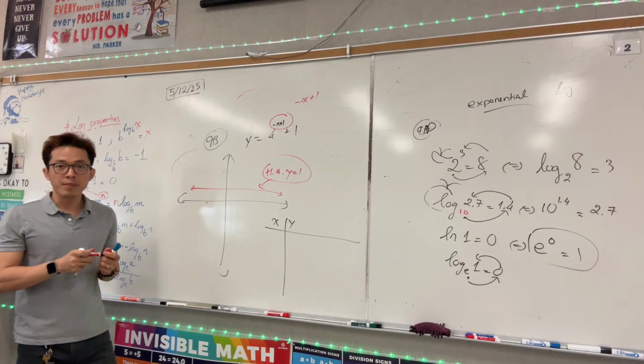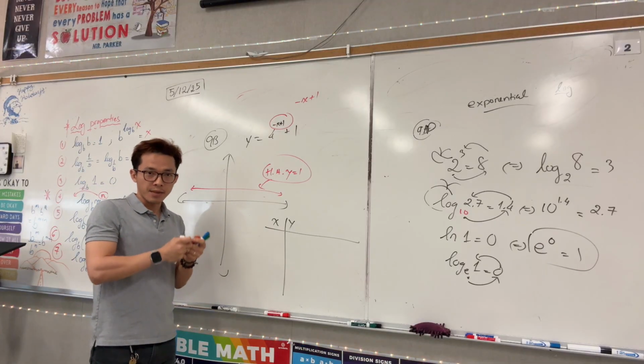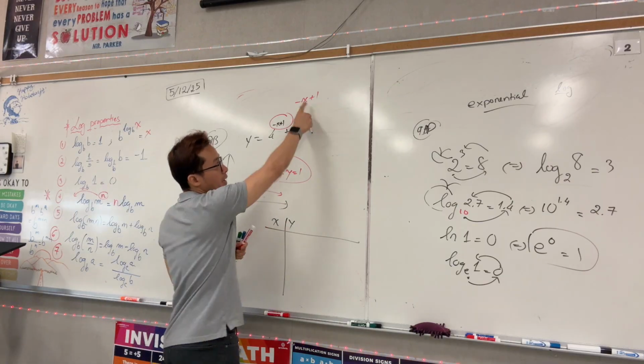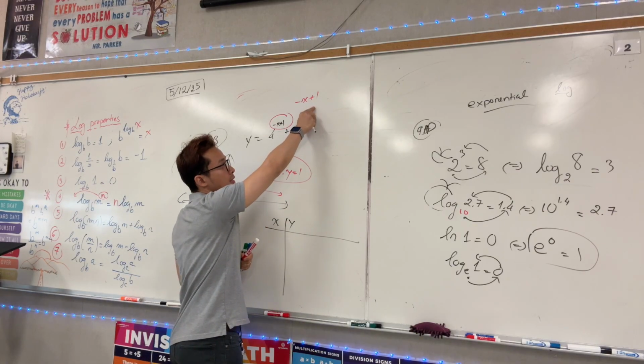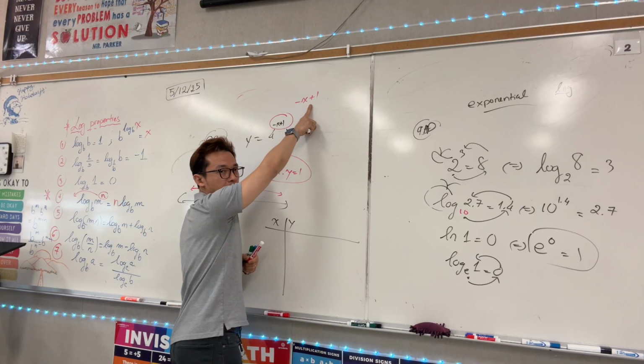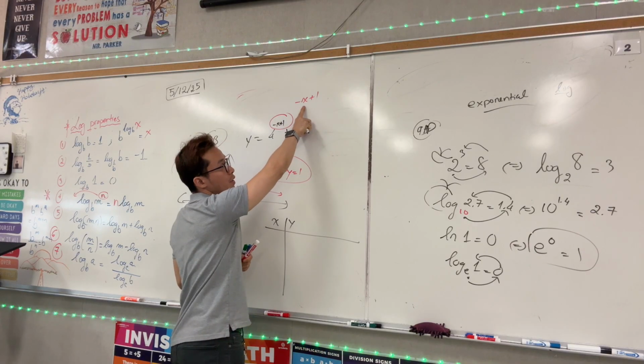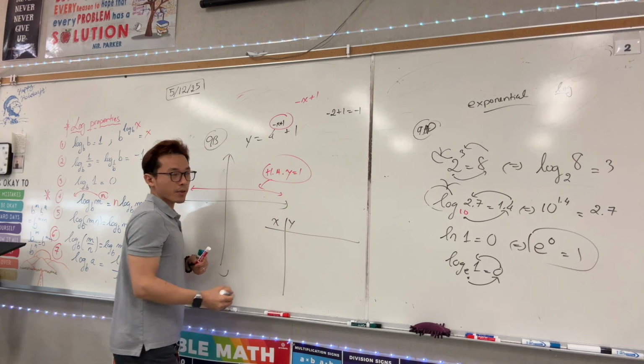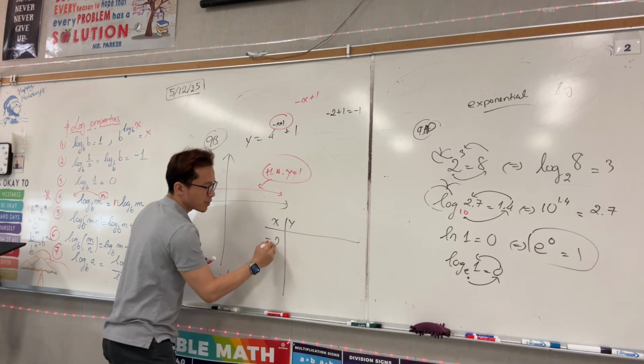You want the power to be 0, negative 1, and 1. How do you make it negative 1? x equals 2, right? Because with x equal to 2, you have negative 2 plus 1, which is negative 1. So that's good, and x equal to negative 2.